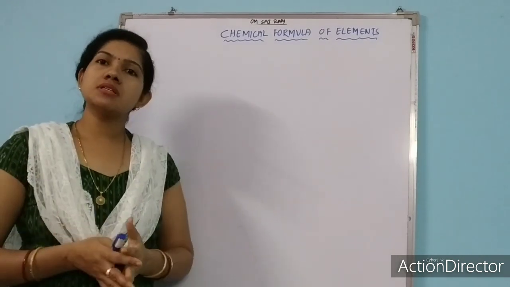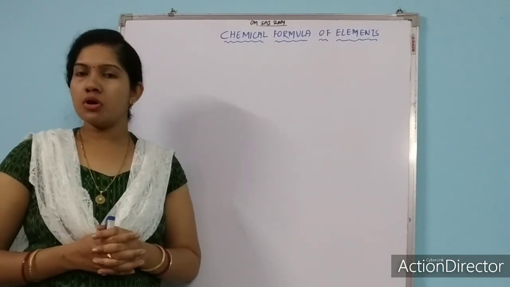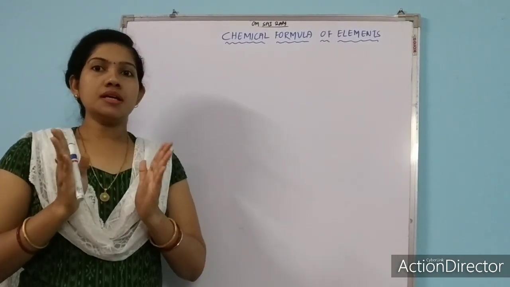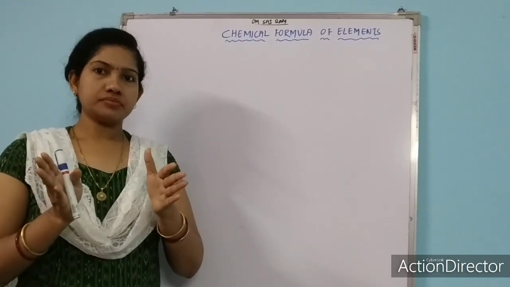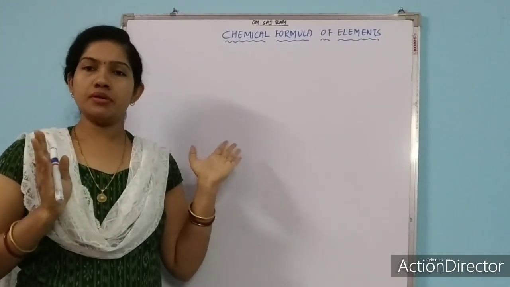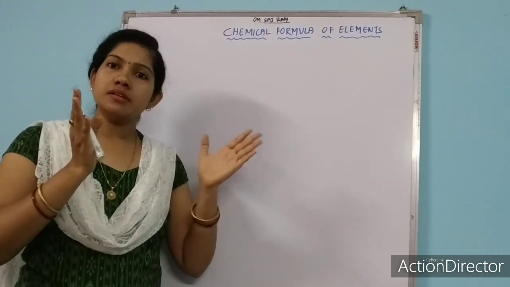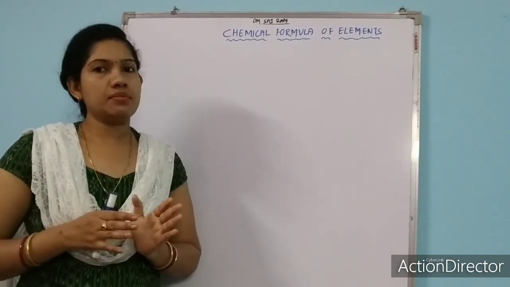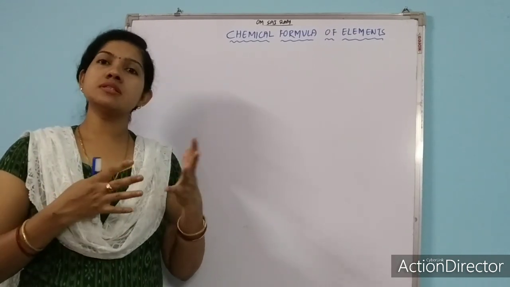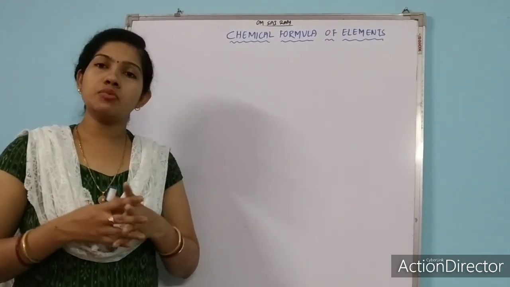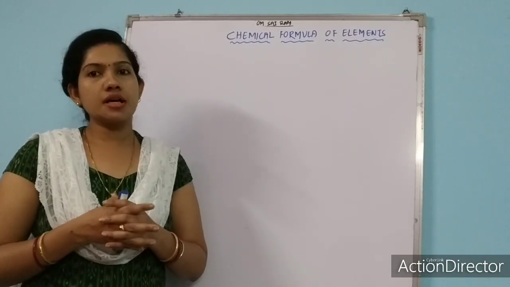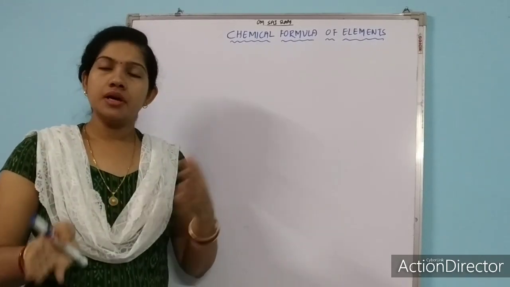So already we have discussed the symbol. What is a symbol? A symbol is to represent an element. We have also discussed the different rules to write the symbol, which means we have to use the first letter as a capital letter, and how to write it if it is repeating.